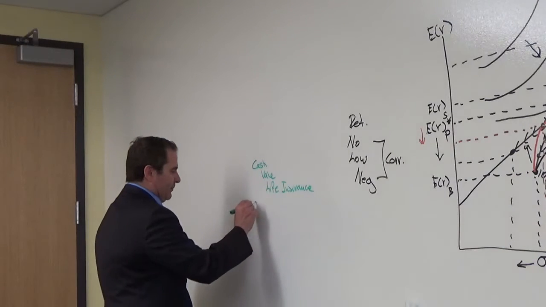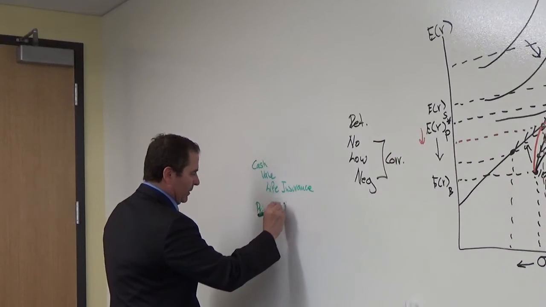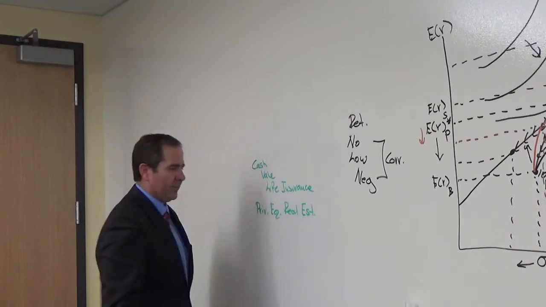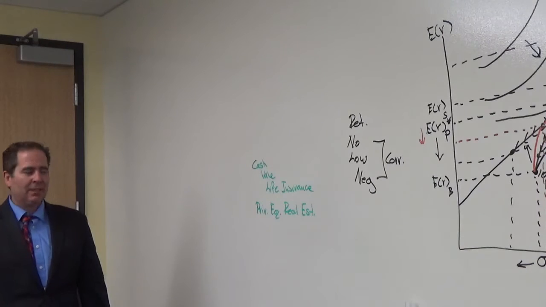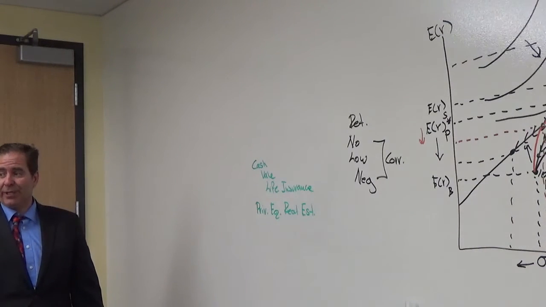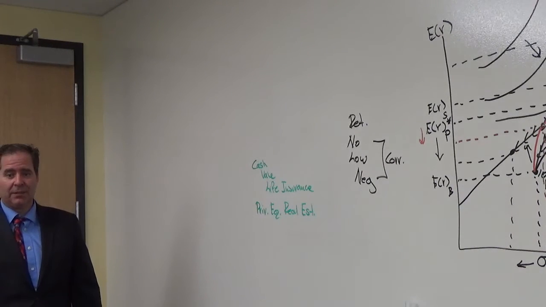Also, if you add private equity real estate to your stock bond portfolio, private equity real estate has low, no, or negative correlation in their rates of return with stock bond rates of return. So they will also bow out the efficient frontier.